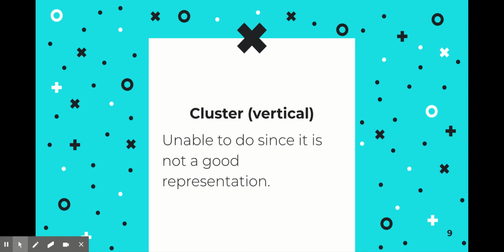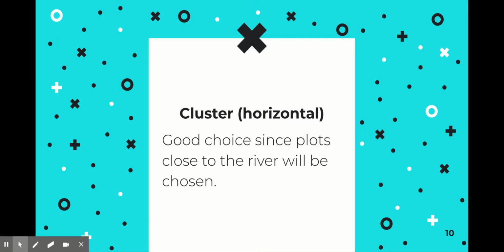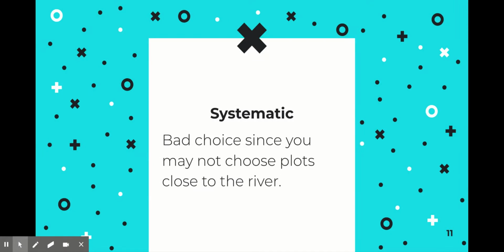Cluster, but vertical, you're unable to do since it's not a good representation. However, cluster horizontal is a good representation of this because plots will be chosen close to the river. And systematic would be a bad choice since you may not choose plots close to the river.